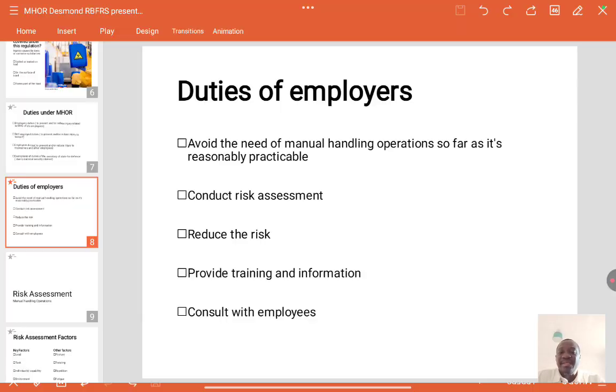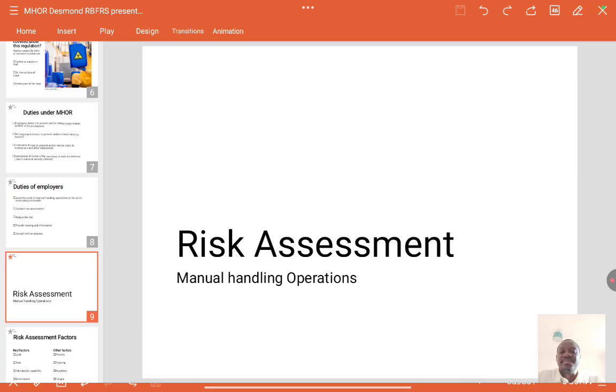So after undertaking the risk assessment, the employers need to come up with ways that the risks that have been underlined in the risk assessment are reduced. Now, apart from reducing the risks, they need to provide training and information for the employees.